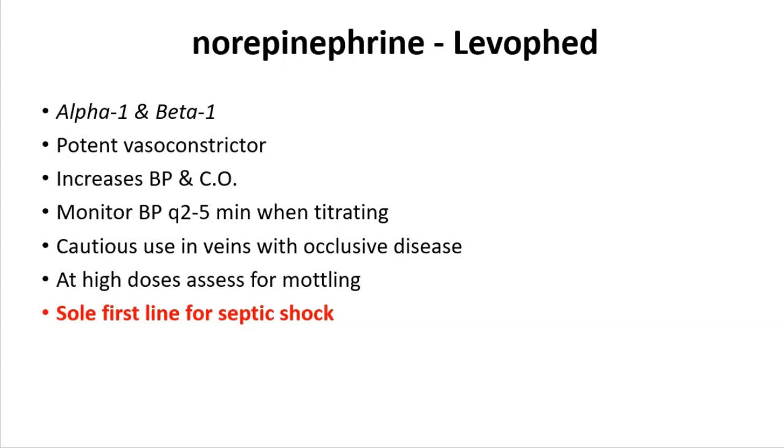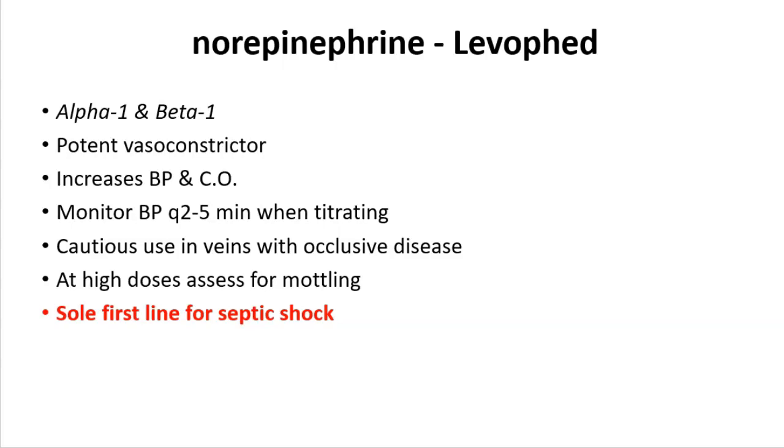So with this, because it is so potent, you need to monitor the person every 2 to 5 minutes. This drug may cause mottling. Central line is preferred for this one, and it should not be infused into a femoral artery with atherosclerosis. Though often started on the peripheral to get the pressure up to reestablish perfusion, this does need to move to central line, and in NCLEX land, we would want to have a central line for this.